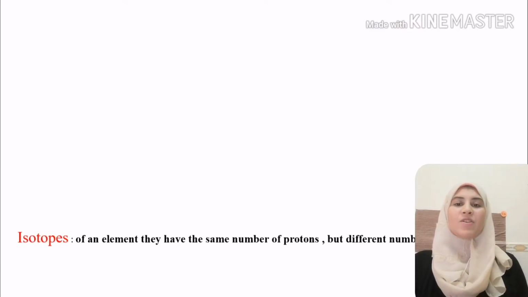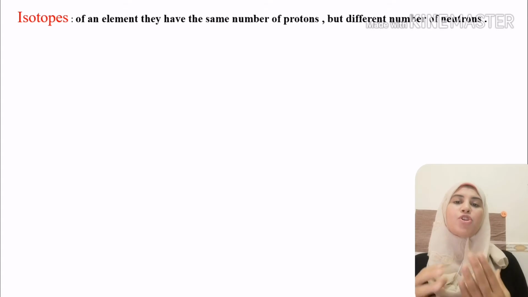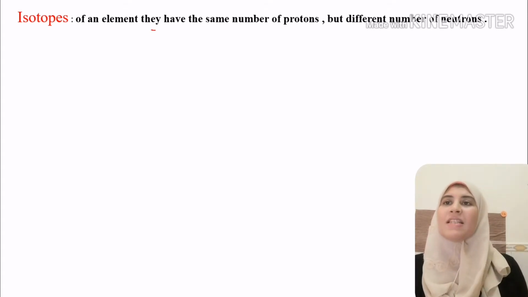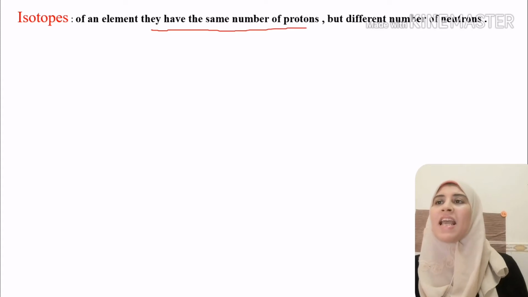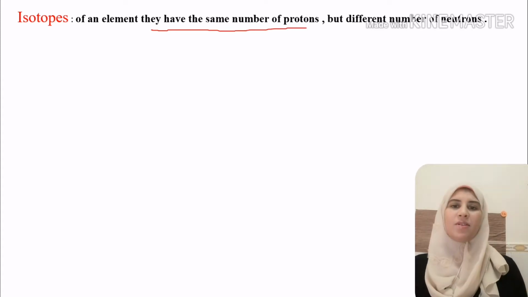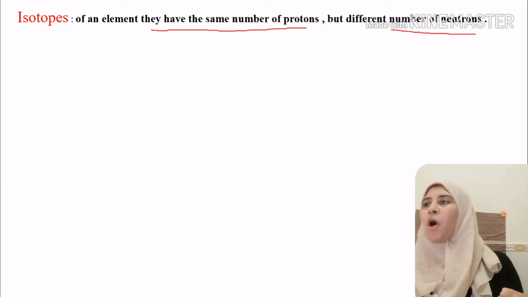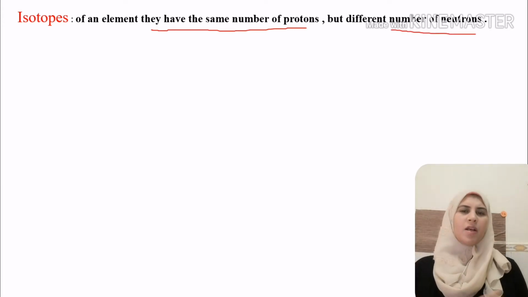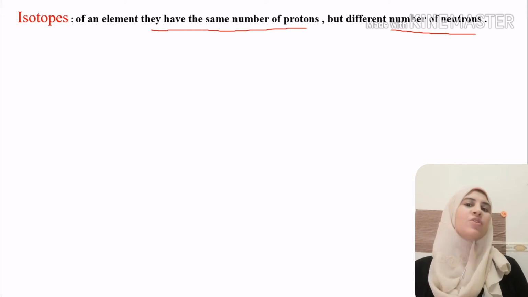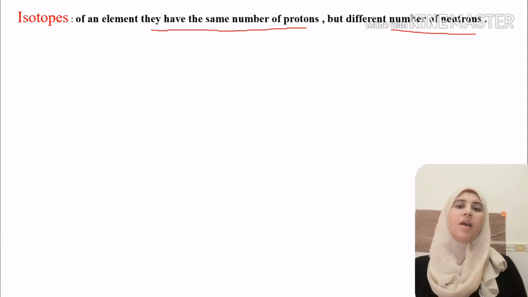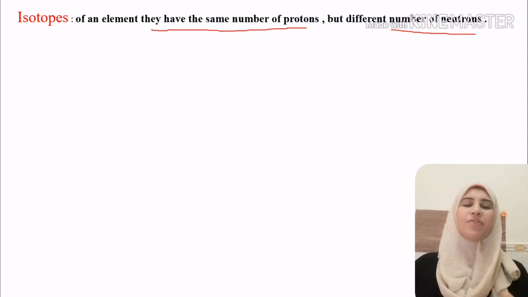Let's start with the chemical definition of isotopes. Isotopes of an element have the same number of protons, but they are different in the number of neutrons. Sometimes you can find it written as they have the same atomic number, but they are different in their atomic mass.